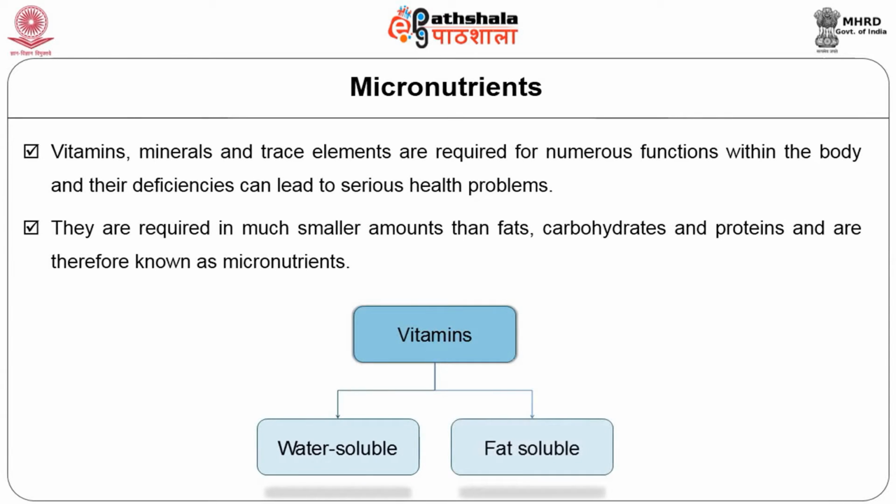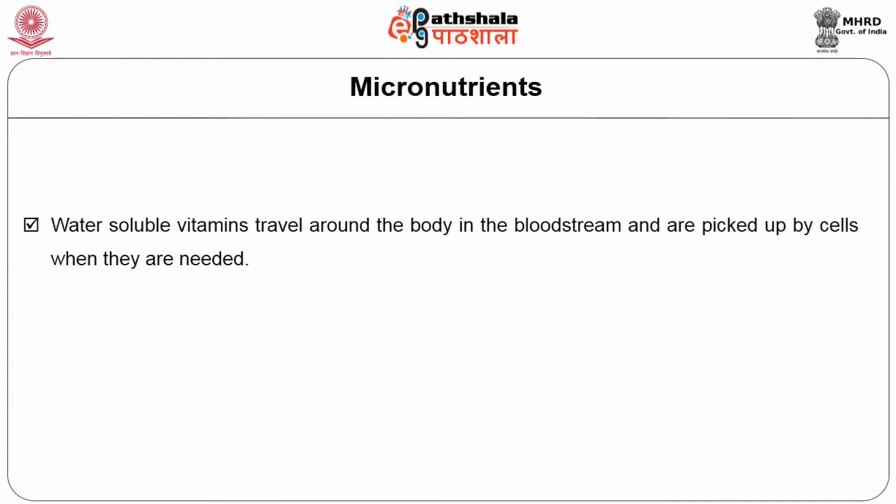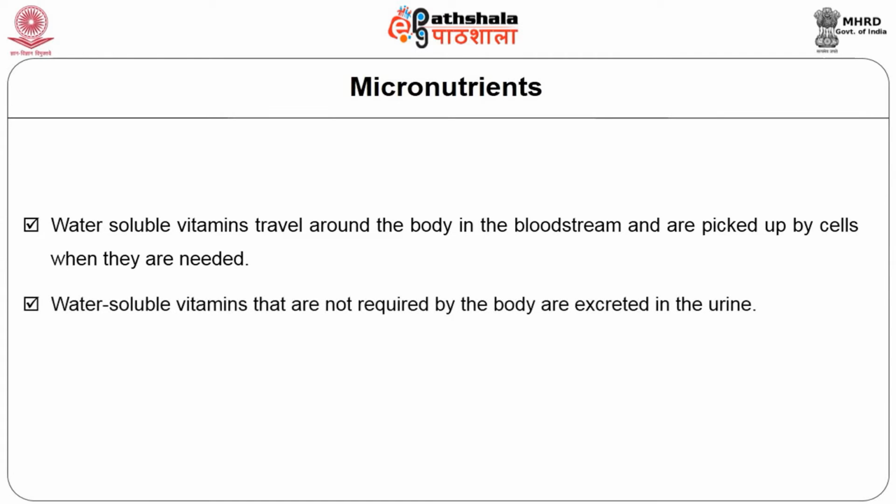There are two types of vitamins, water soluble and fat soluble. Water soluble vitamins travel around the body in the bloodstream and are picked up by cells when they are needed. Those not required by the body are excreted in the urine.